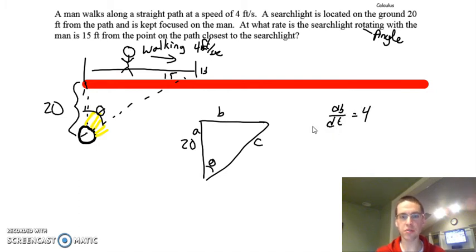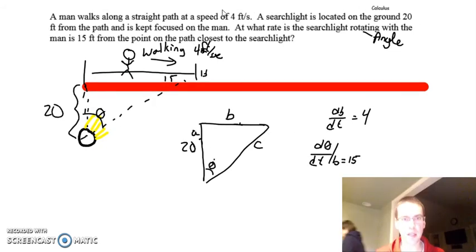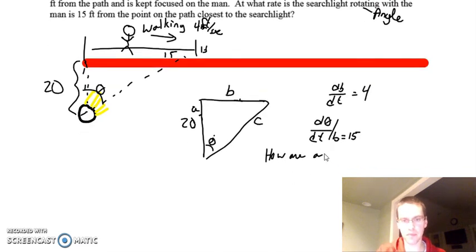We also are looking for d theta over dt when B equals 15. So we need to know how A, B and theta are all related.